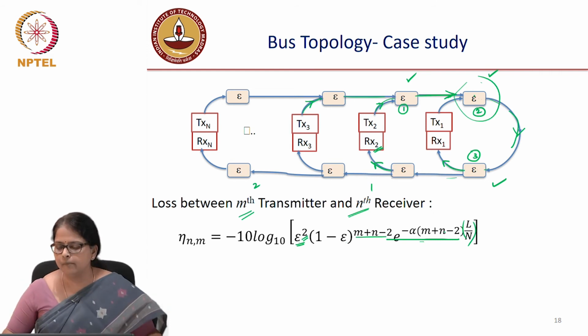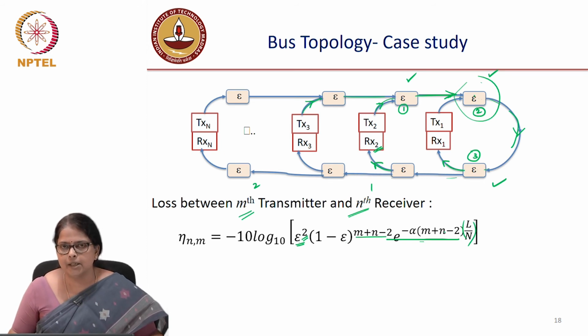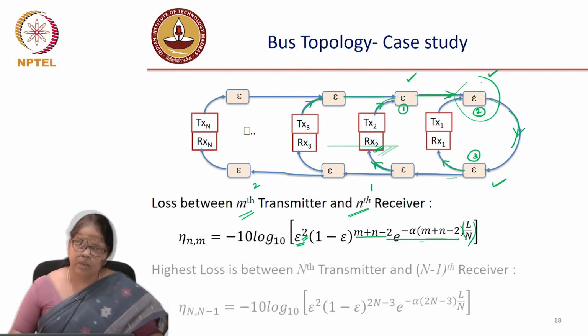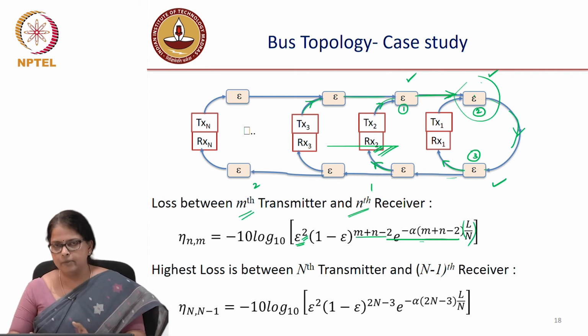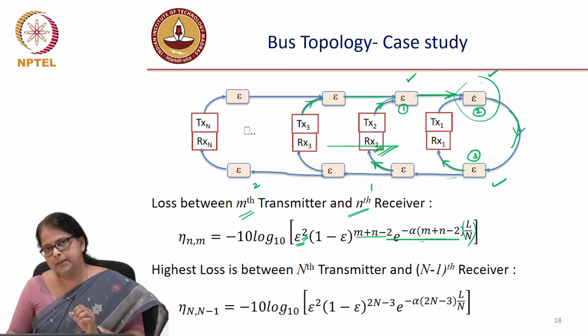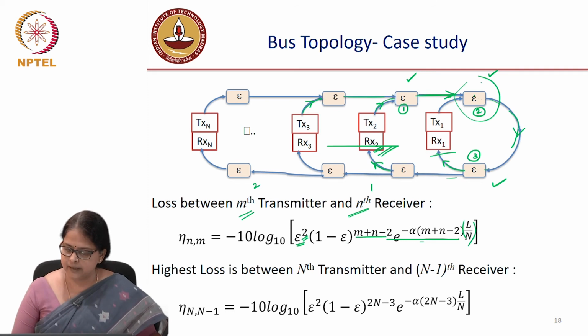As is very obviously seen, the loss between the mth transmitter and nth receiver depends on what your m and n are, right? So let's try to figure out where the highest loss is in the whole process. You can very well see that it happens when the nth transmitter is transmitting to the n minus 1th receiver, right?